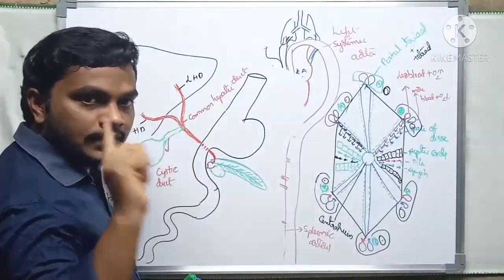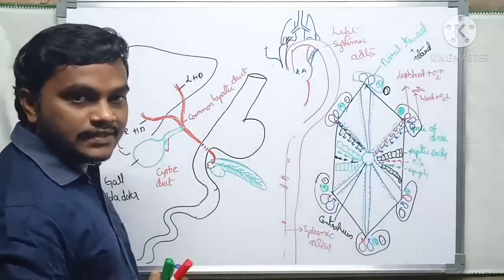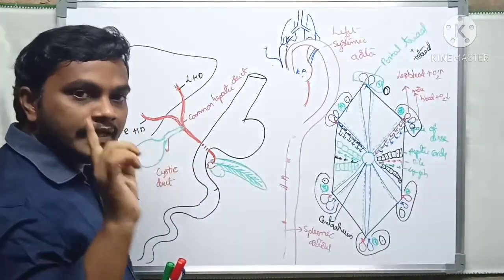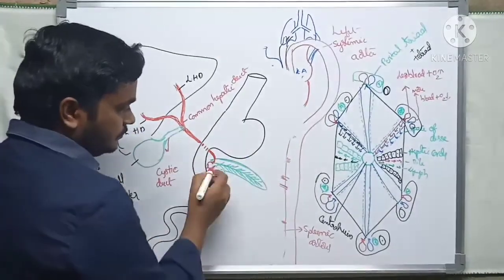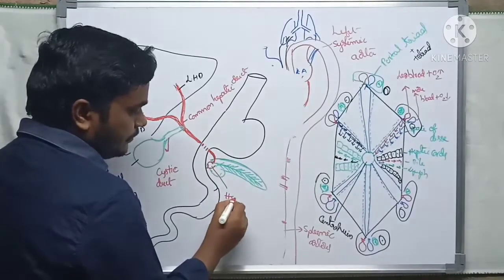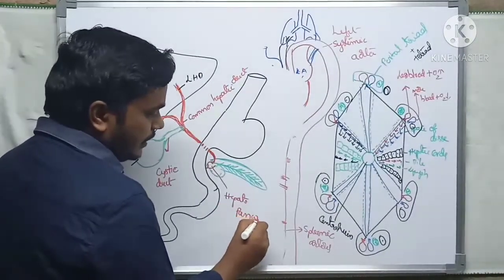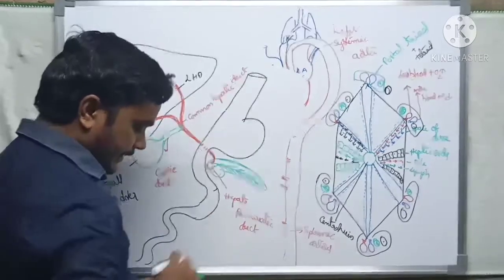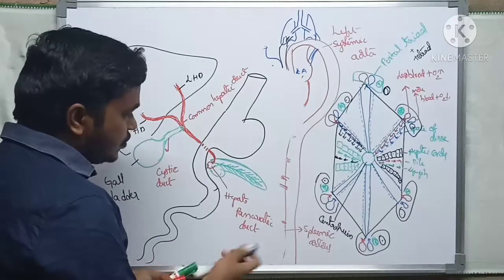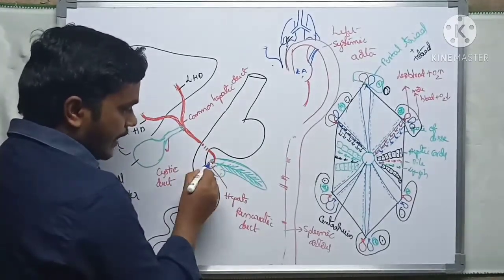One is a liver duct, the common hepatic duct, then the pancreatic duct is there. Both are fused to form the hepatopancreatic duct. The bulged part where the hepatopancreatic duct opens is called the ampulla of Vater.